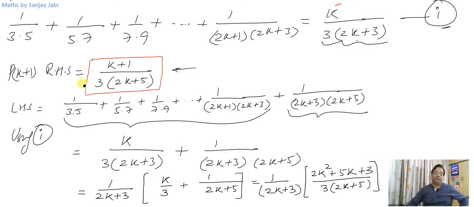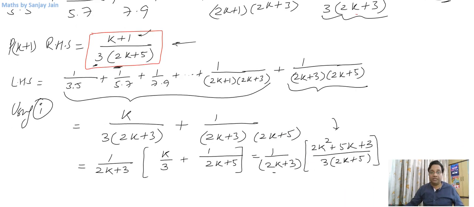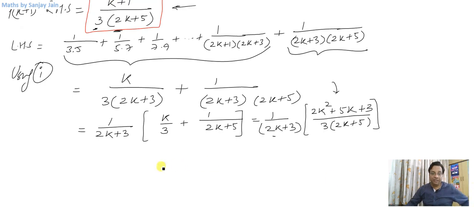Now you can already see 3 into (2k plus 5) I require. I do not require this (2k plus 3), so it will definitely be a factor of this, and I require this (k plus 1), so it will also be a factor of this. So I am writing it directly now and leave the factorization part to you. So let me write 1 upon (2k plus 3).